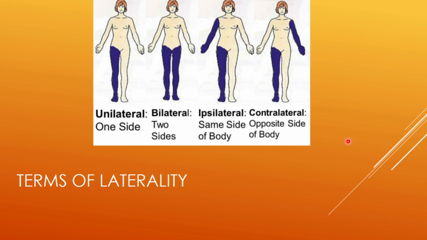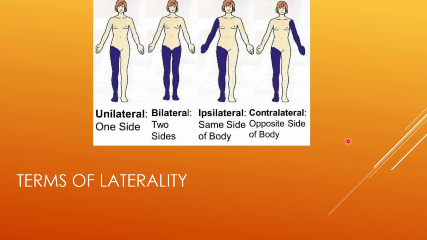And when we're referring to, say, injuries or symptoms or anything related to the body really that is occurring on one side of the body, we'd use the term unilateral. And if it was both sides or happening on both sides, we'd say it's bilateral. So if something's happening on the same side of the body, we refer to that as ipsilateral.